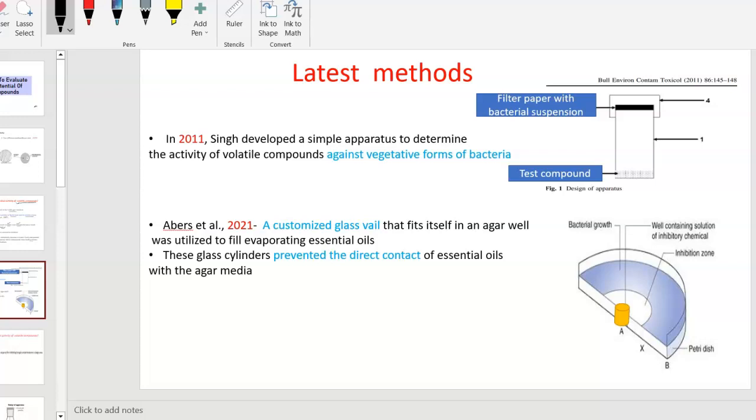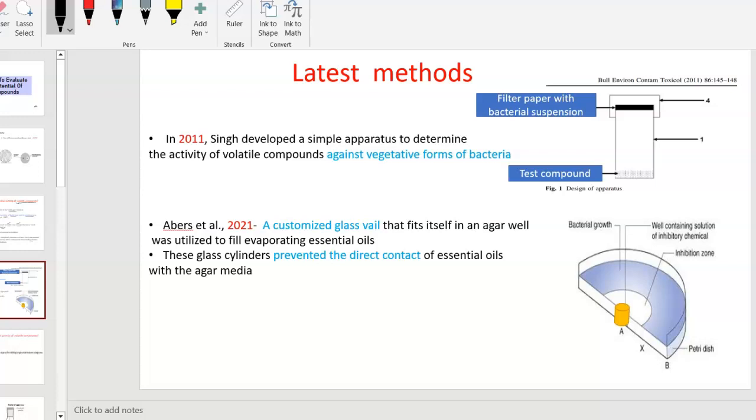So this method can't be employed for spores. This method can't be employed for fungal cultures too. And even in this method you can't evaluate the minimum inhibitory concentration of the compound.